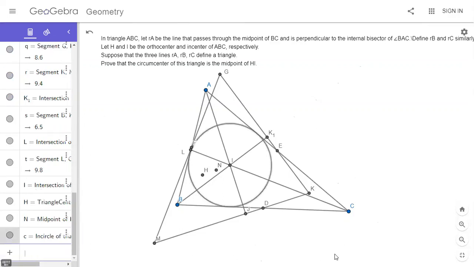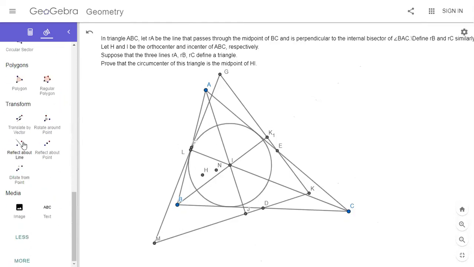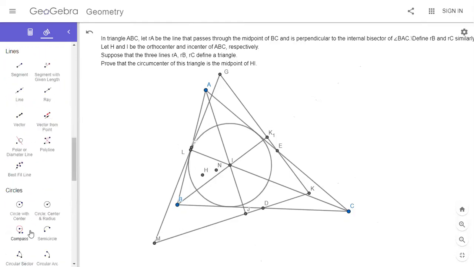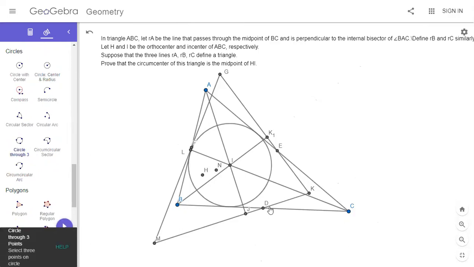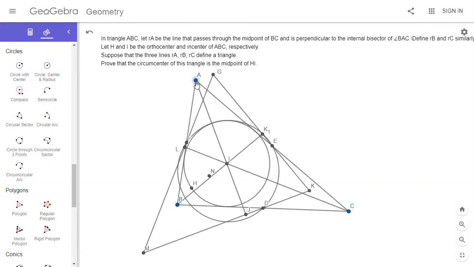Okay. And then we can also draw the 9-point circle. So you know about the 9-point circle? Yeah. So that's the circle through D, E, and F, right? Yeah. It is tangent to the incircle, isn't it?